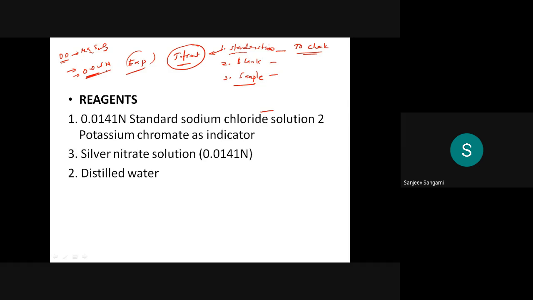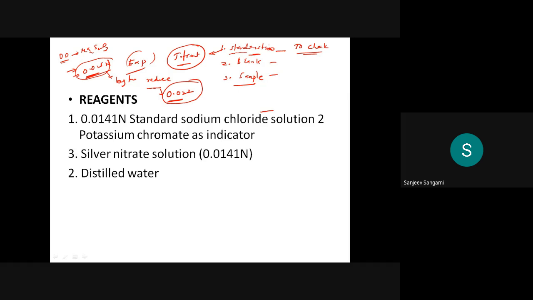If I prepared 0.025 normality, after a long time this concentration is going to reduce. Sometimes it will become 0.022 after 15 or 20 days. We have to check whether it remains the same or has decreased.